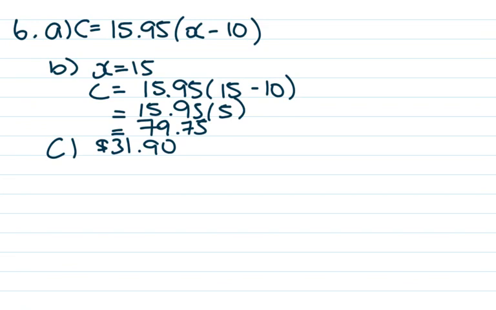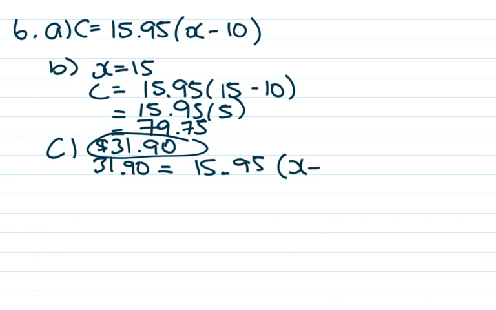So we can go back to our original equation and plug in $31.90 for the cost. So $31.90 equals $15.95 times (X minus 10). So we can divide both sides by $15.95.